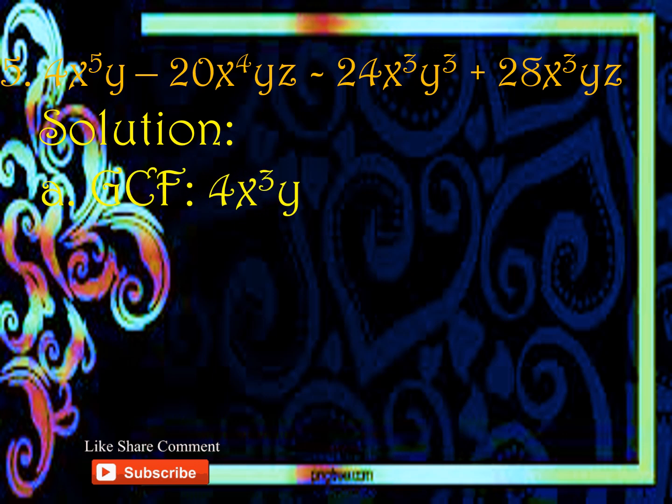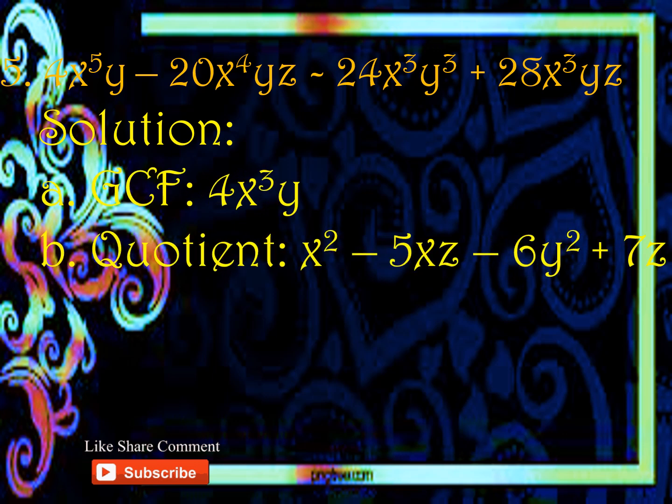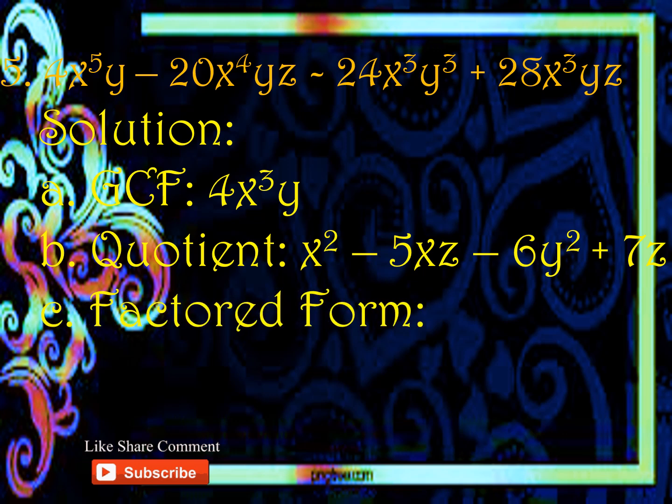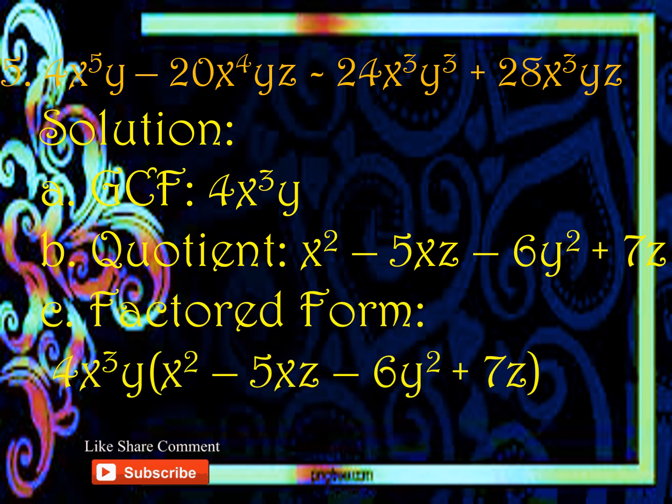Our answer is 4x cubed y, and its quotient is equal to x squared minus 5xz minus 6y squared plus 7z. So its factor form is equal to 4x cubed y times quantity x squared minus 5xz minus 6y squared plus 7z.